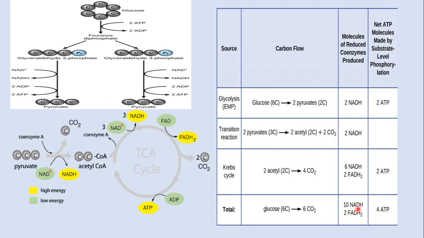But NADH and FADH2 are the indirect forms of energy. These two molecules will undergo oxidative phosphorylation through the electron transport chain to give ATP molecules. That we have to see in our third lecture. We will learn about it in our third lecture. Okay, thank you.